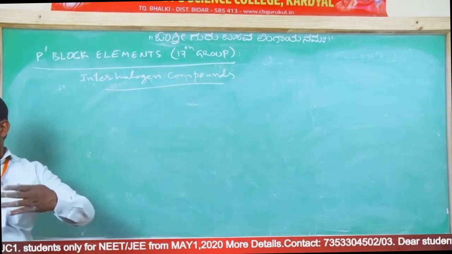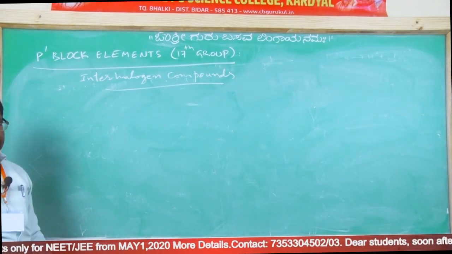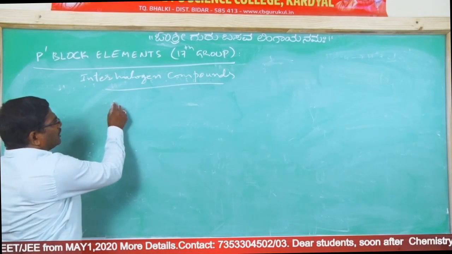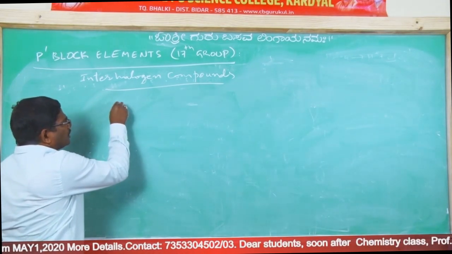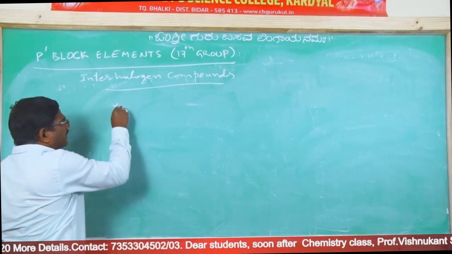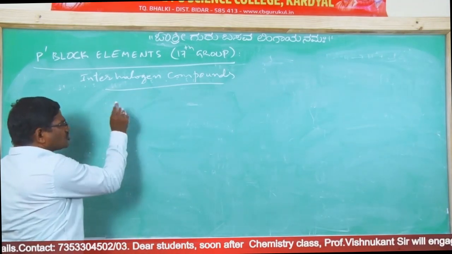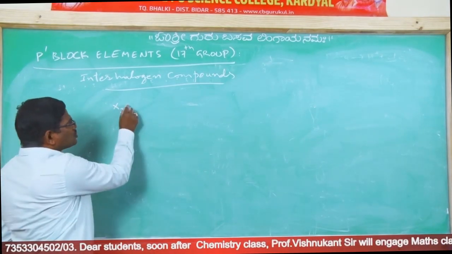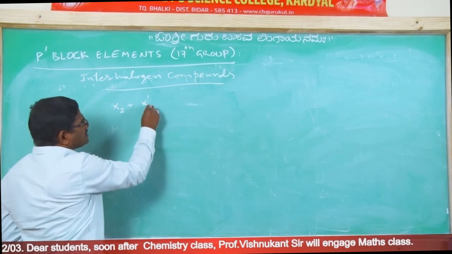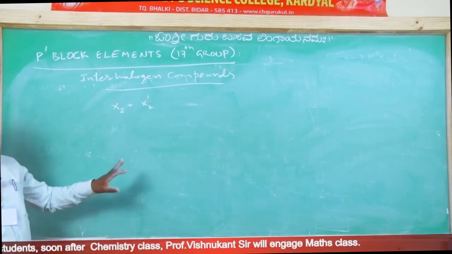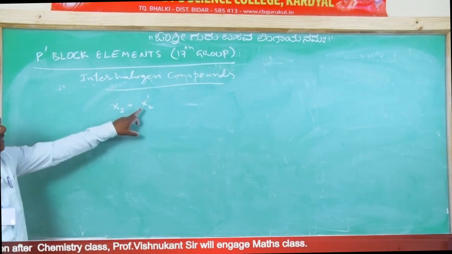Interhalogen compounds, inter meaning between. Suppose for interhalogen compounds, if you take X2 and it reacts with X dash 2. If it is one halogen, it is the other halogen.